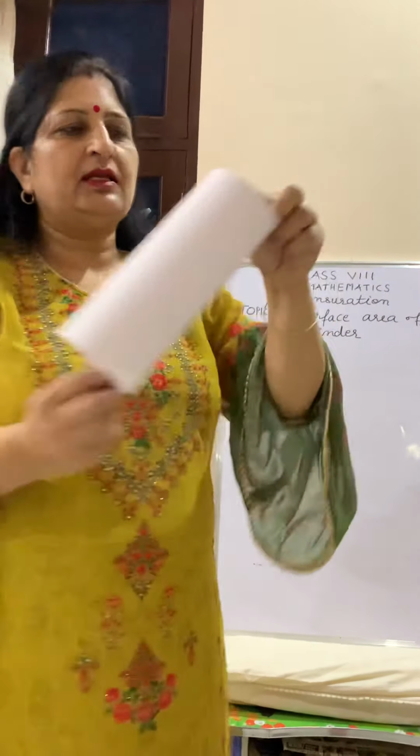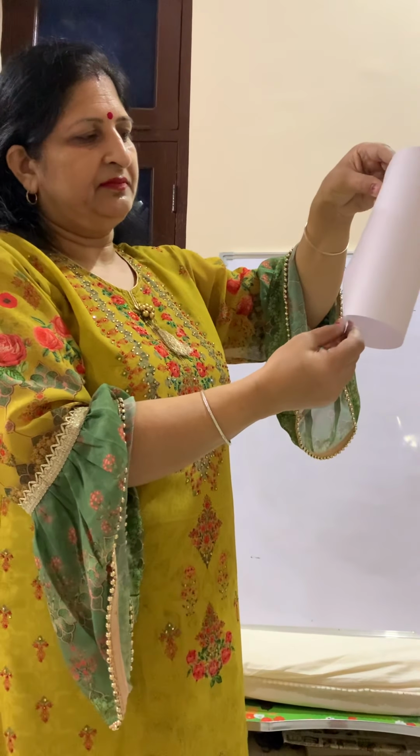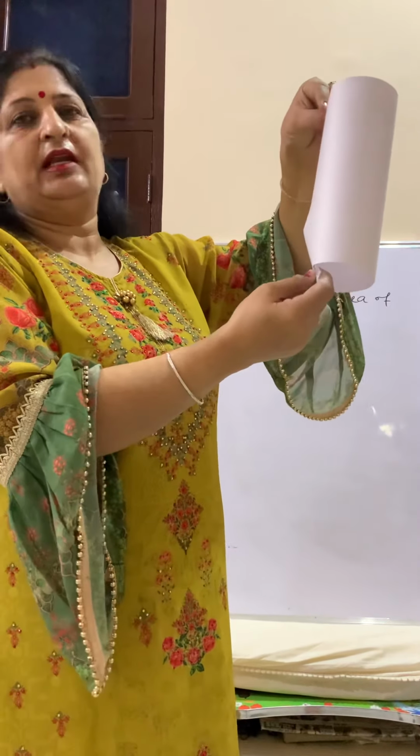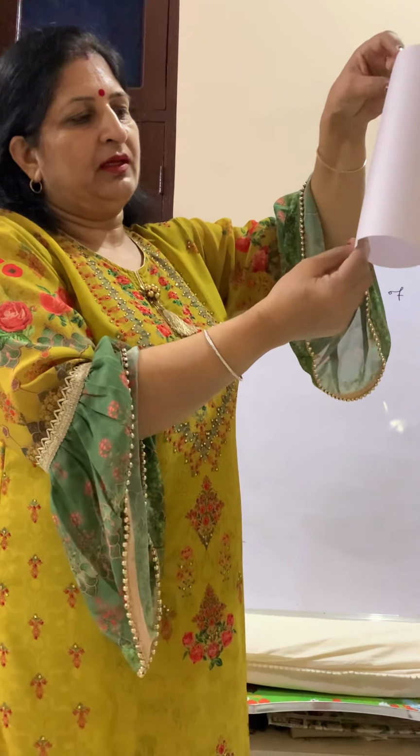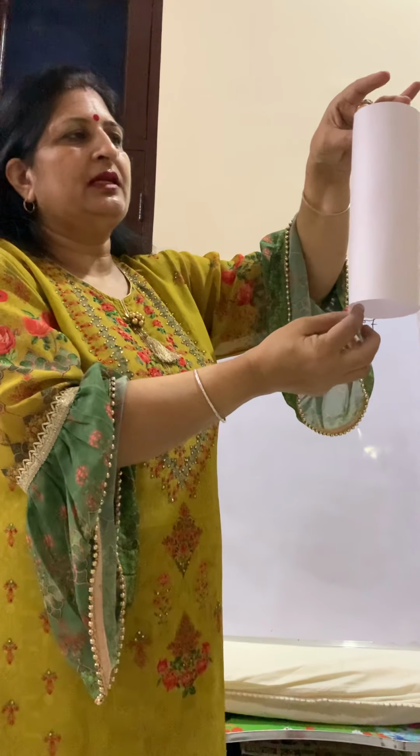Two ends are circular, this circle. It is a hollow cylinder. Both ends are open. No end is closed. So it is a cylinder.